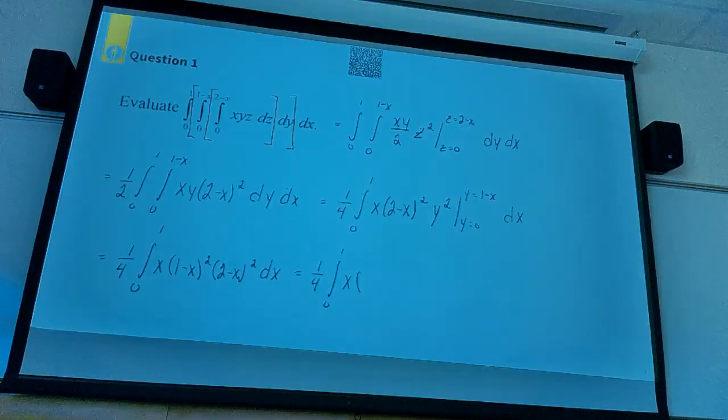How does that expand? 1 minus 2x plus x squared. How does 2 minus x quantity squared expand out? Now we get to expand that.